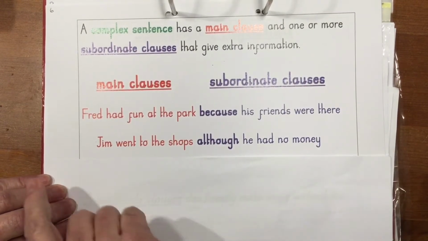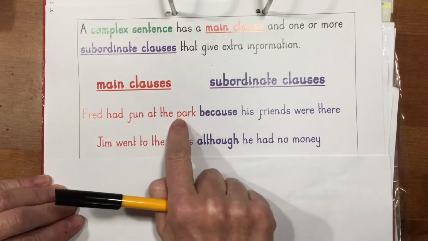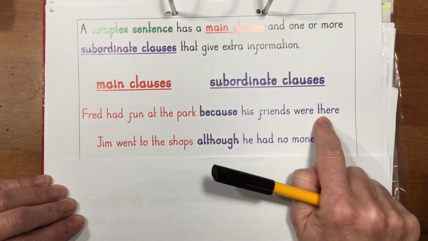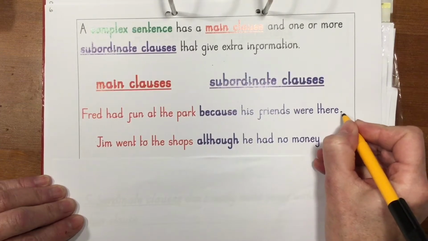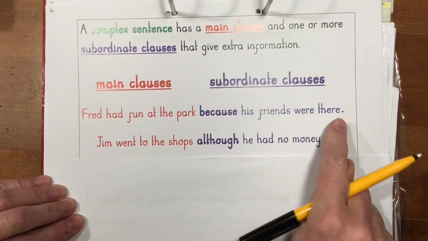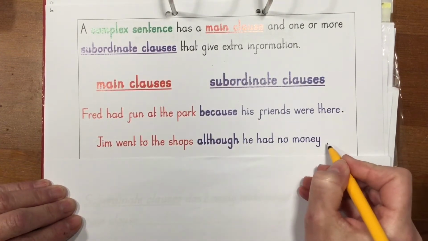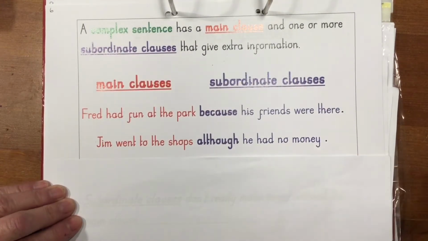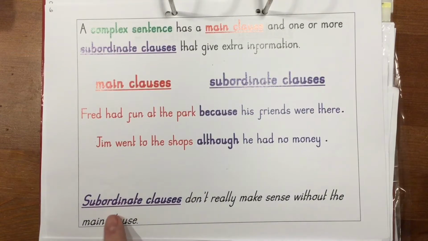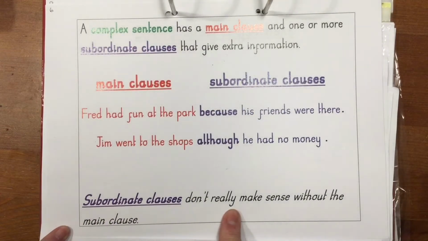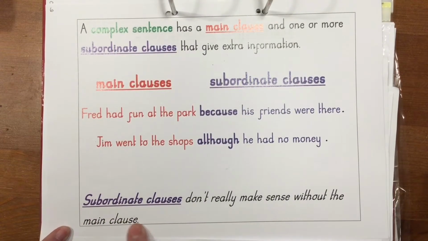These sentences altogether, a main clause and a subordinate clause, are complex sentences. We could put a full stop at the end and they make sense. Subordinate clauses don't really make sense without the main clause.